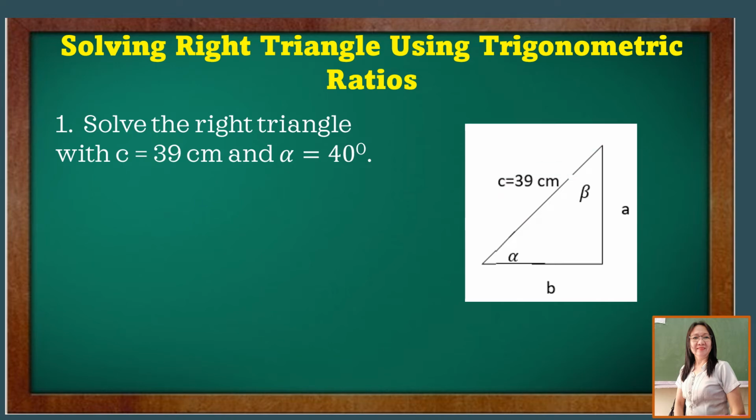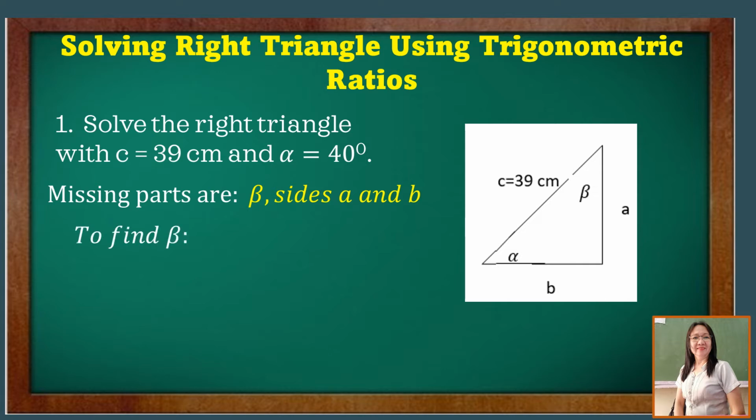Solve the right triangle with C equal to 39 centimeters and alpha equal to 40 degrees. Analyzing our problem, the missing parts are the angle beta and the sides A and B. Looking at the figure, since this is a right triangle, angles alpha and beta are complementary.